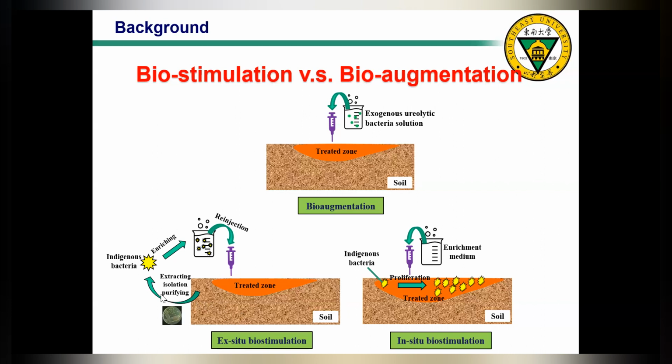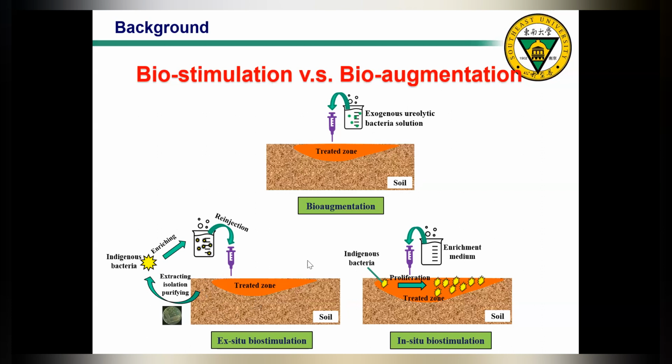Then the bacteria are enriched in the lab and then re-injected into the ground. Through this method, of course, the compatibility of the injected native bacteria and the natural environment will be much better compared with the case of bio-augmentation. However, the processes involved in ex situ biostimulation are quite complicated, right?